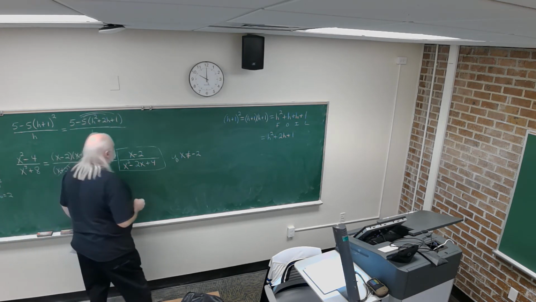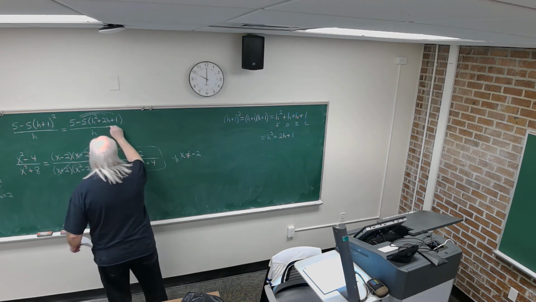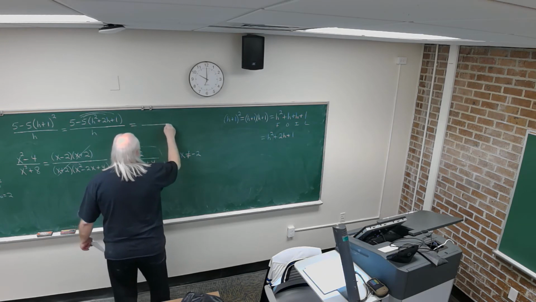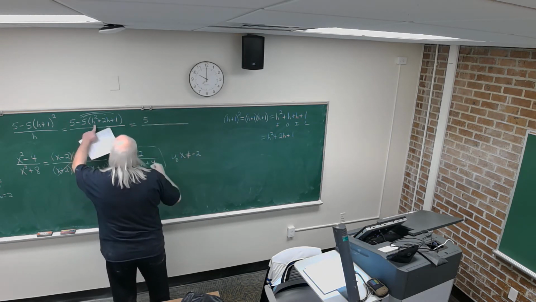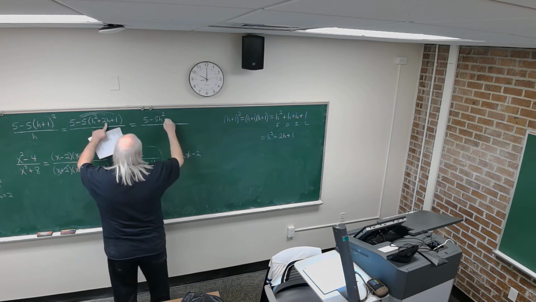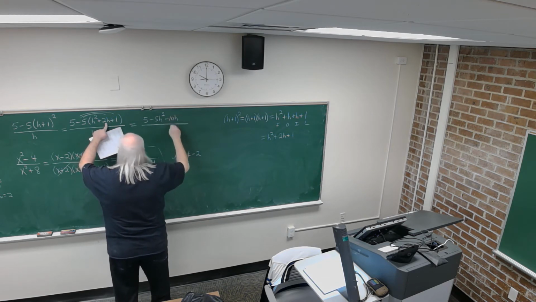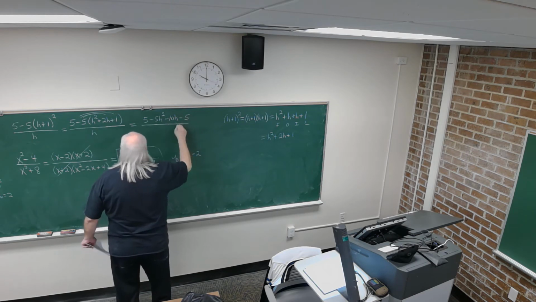We're going to use the distributive property. So we have minus 5 times h squared is minus 5h squared, minus 5 times 2h is minus 10h, and minus 5 times plus 1 is minus 5.